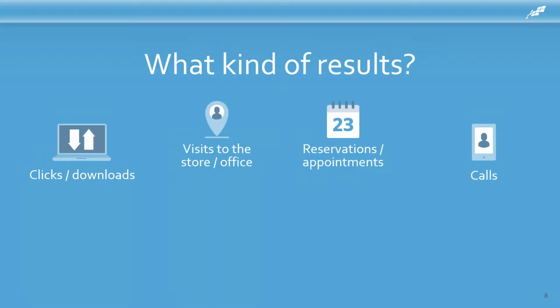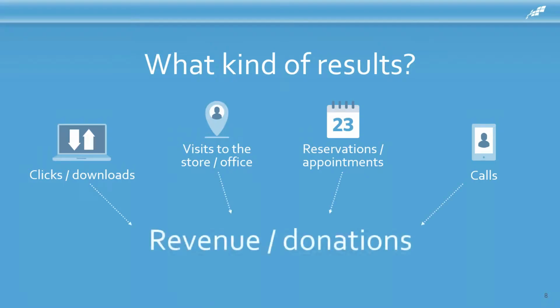You might want them to pick up the phone and make a reservation or an appointment. Or it can also be just to be informed or brand recognition. But all of this in the very end is going to give more revenue, donations. I also would like to have engagement in here if you are a nonprofit.